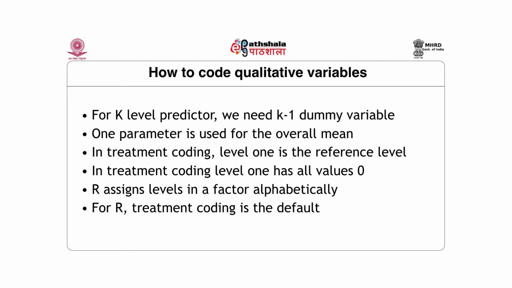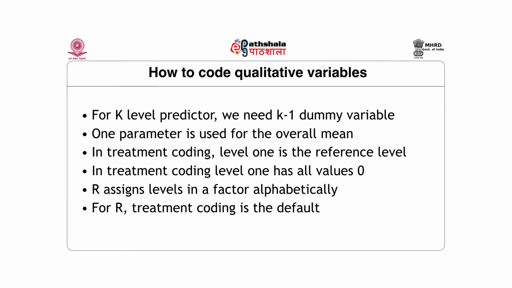R specifically assigns levels in a factor alphabetically. So for example, if you have got religion, and if you had Hindus and Muslims, then R would start assigning values 0 to Hindus and 1 to Muslims.